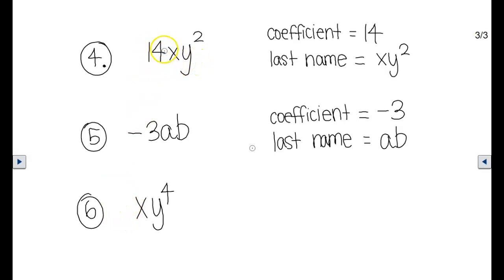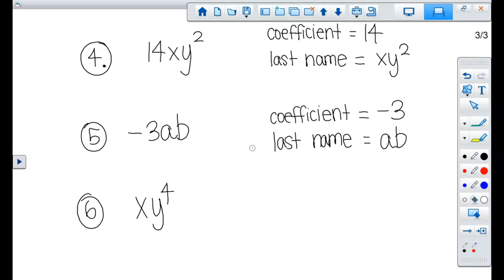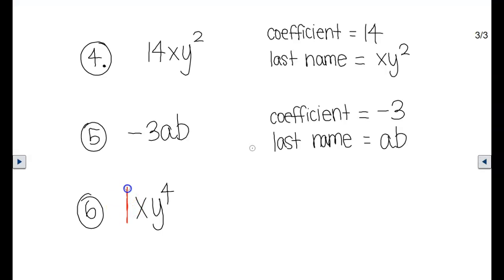We saw that 14 very clearly. When we looked at this term, we saw that -3 very clearly. When we get to this term, we don't see the number part. Now here's what I need you to understand. Even though we don't see the number part, it is still there. When you cannot see the number part of the term, there is a 1 there, and that 1 is invisible.